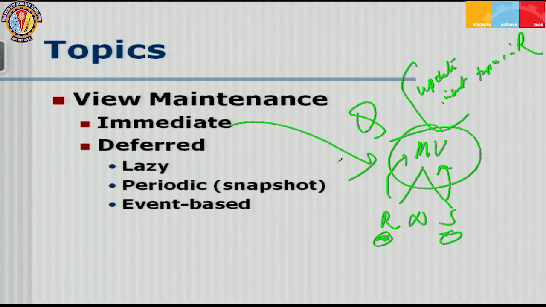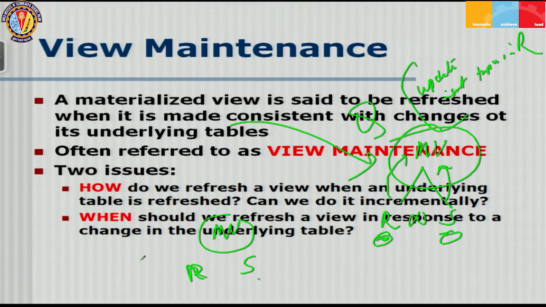So the problem statement is like this: you have a materialized view, and it is based on some underlying base tables, which is R and S in this case. And if R or S or both change, how do we change the materialized view? A materialized view is said to be refreshed when it is made consistent with changes to its underlying tables.